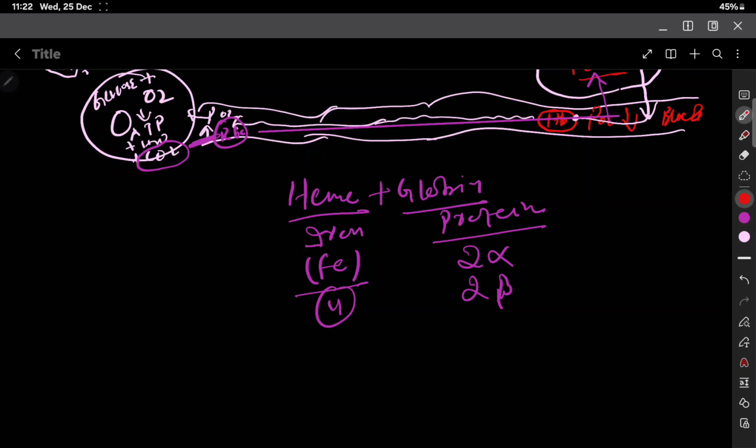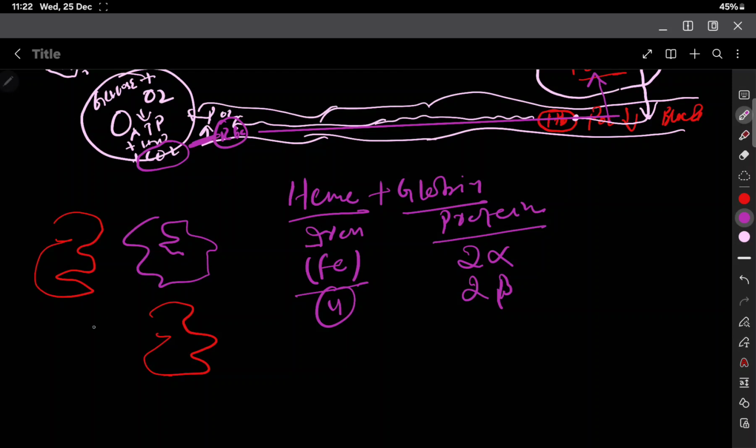If I draw the structure of hemoglobin, for example, this is the alpha chain, and this is the second alpha chain, this is the beta chain, and this is the second beta chain.